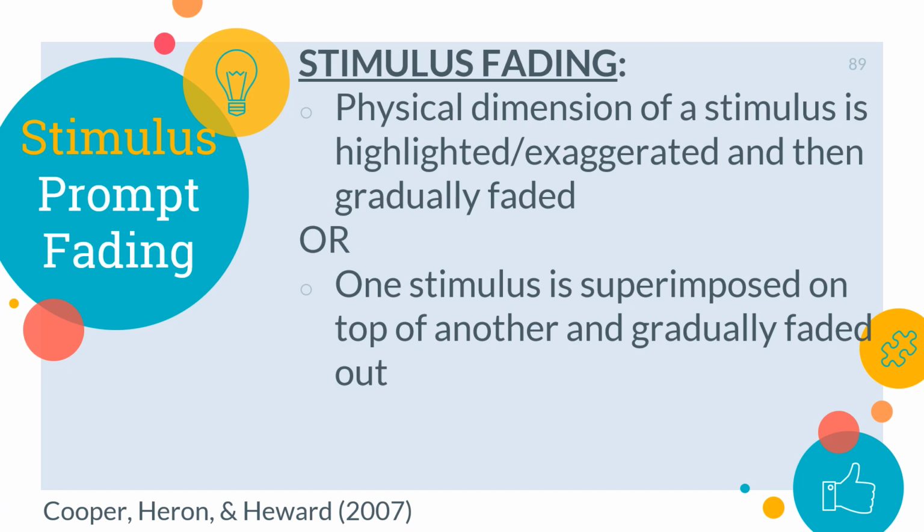This is according to McDuff and colleagues 2001 and Green 2001. Stimulus fading has been used to teach the discrimination of length, size, and numerosity, spatial relations, letters and words, shapes, or other configurations and sounds, according to Lencioni and Smeets, 1986.